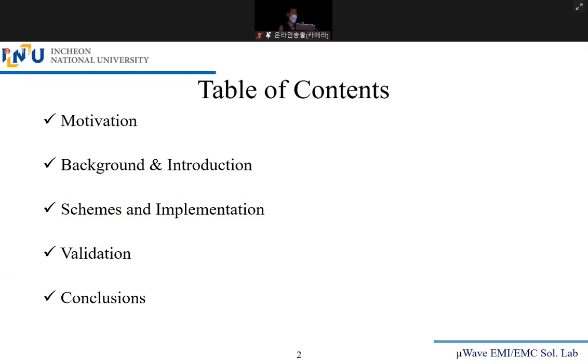There you will see which works have been done in the past dealing with the improvement and enhancement of the functions for communication. Schemes and implementation will talk about the details of what reflector arrays and IRS or RIS are.